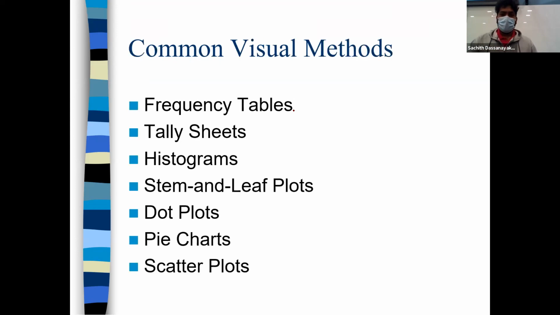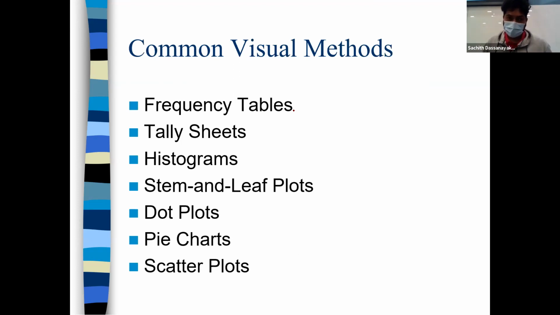These are the common methods that we can use to show our output to others: frequency tables, tally sheets, which normally we don't use these days, histogram, stem and leaf plots, dot plots, pie charts, and scatter plots.